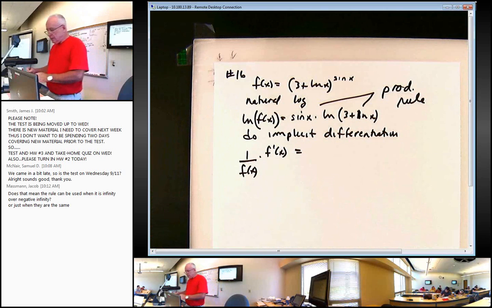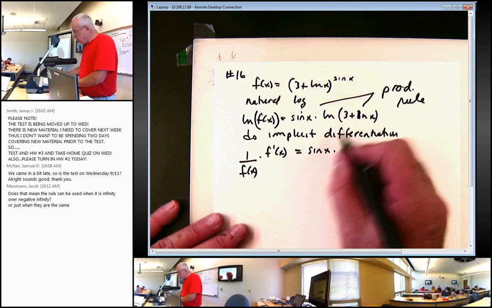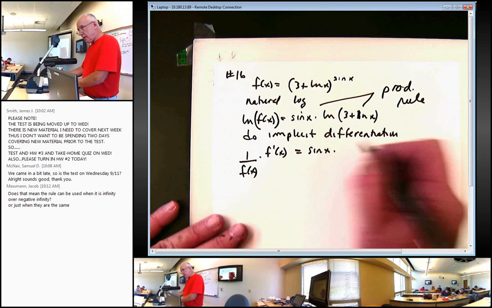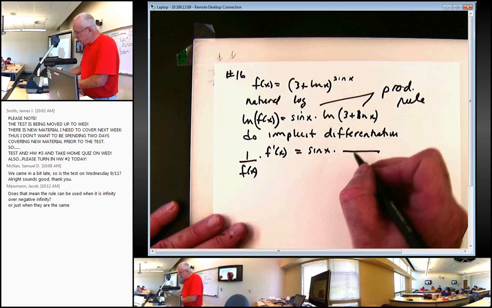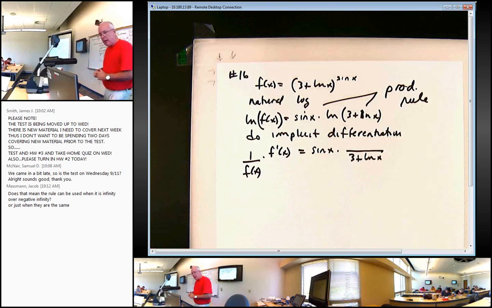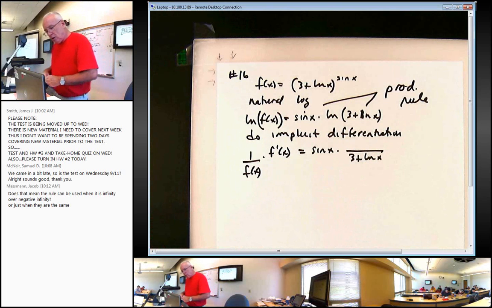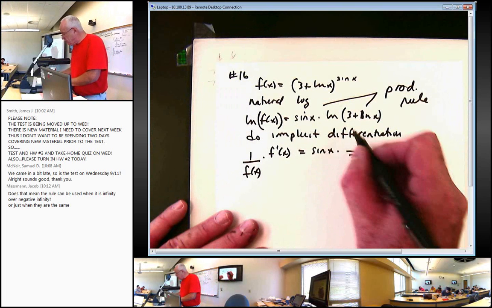So let's start out with, say, the sine of x and do the derivative of 3 plus the ln of x. That's going to be what? We're going to have 3 plus the ln of x on the bottom, and on the top, well, the derivative of 3 is 0.